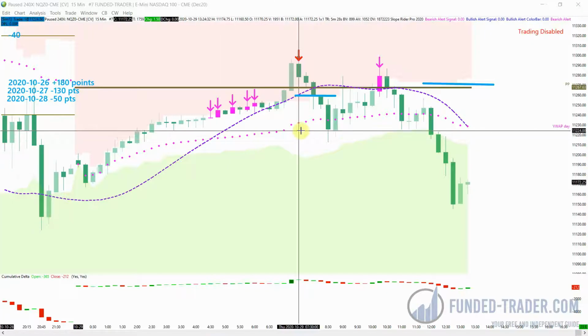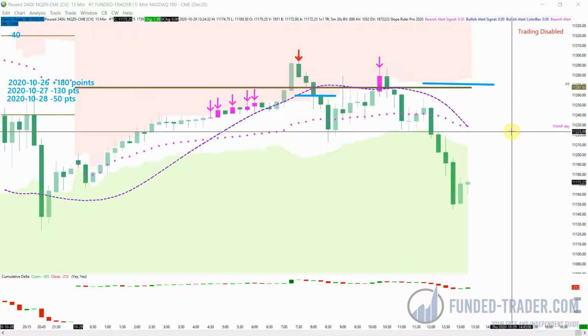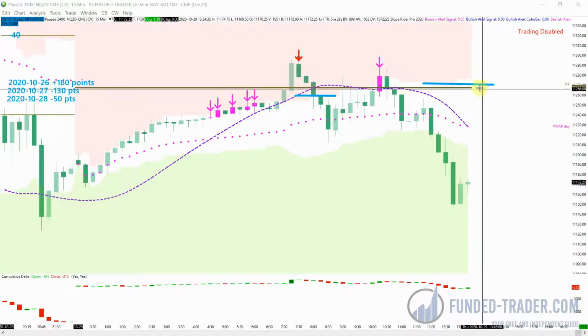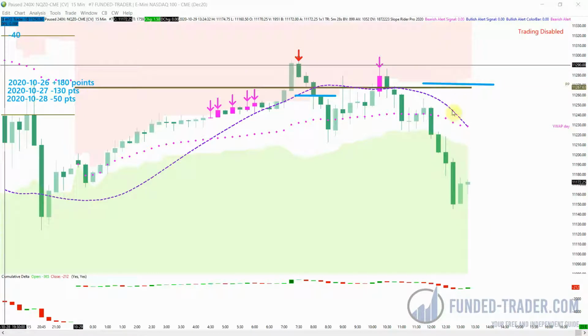Here we are at lunchtime, European lunchtime. This looks like just a rotation. I move my stop loss in profit above the medium of HAL.